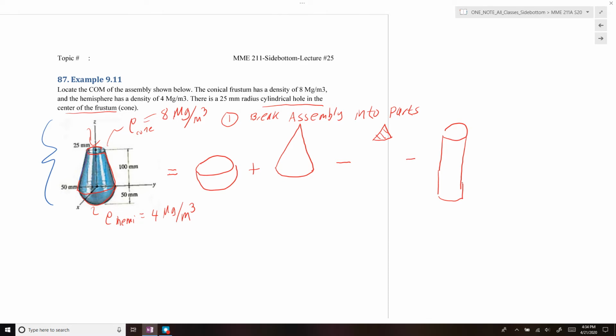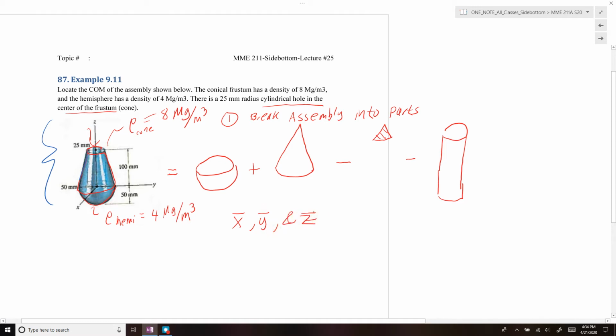Once we have broken our assembly into parts, we need to determine x bar, y bar, and z bar.